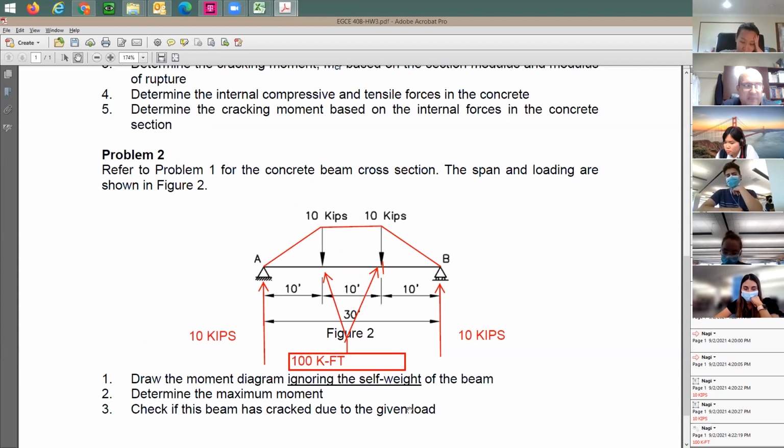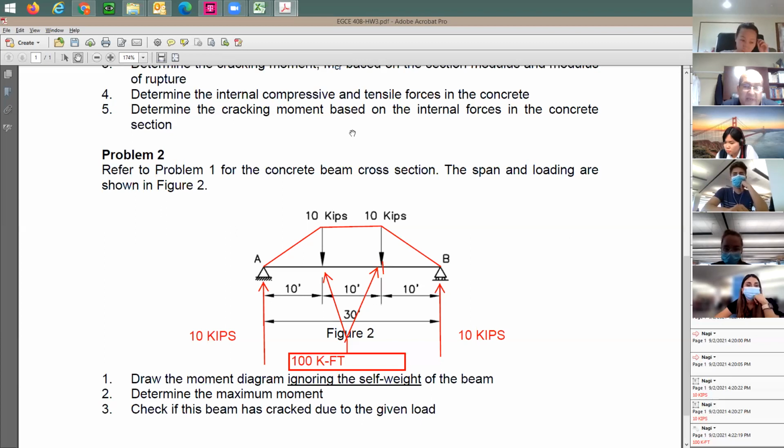So when do you think this beam is going to crack? At what condition? Can someone help me with this? When do you think this beam is going to crack? Once it goes over 100.